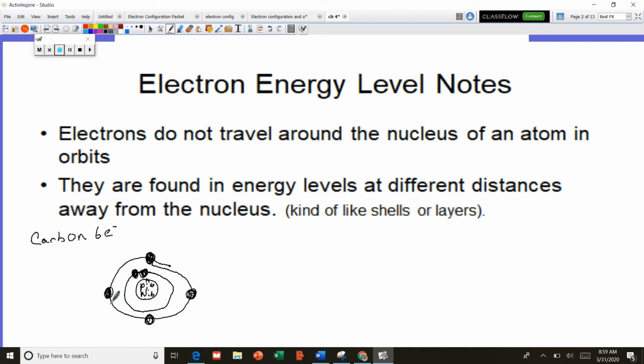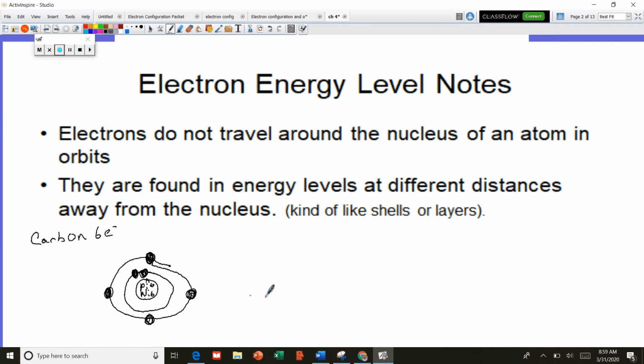Now, what we're going to start doing today is show how to count these electrons in a slightly different way. Rather than having to draw out the picture, we're going to number these in a different way. One of the things that we've learned is that electrons don't travel around the nucleus of an atom in orbits, so the Bohr model is technically wrong in this.